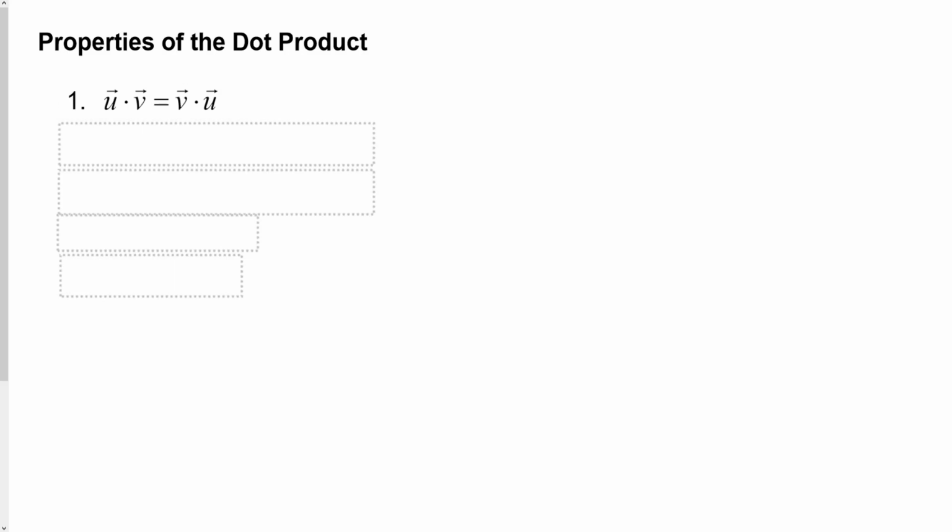First, the dot product can be reversed. u dot v is the same thing as v dot u. And that's easily seen if you just let u equal ab and v equal cd.